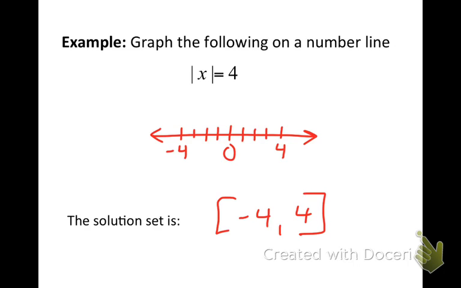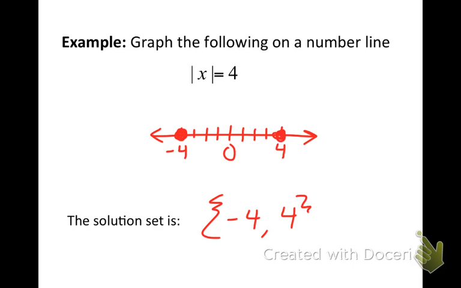Well, which numbers would be in the set? For when I take the absolute value of them, they end up being 4. -4 and 4. It's just those numbers. So on a graph, they're just dots on the graph. And then set notation, -4, comma, 4.